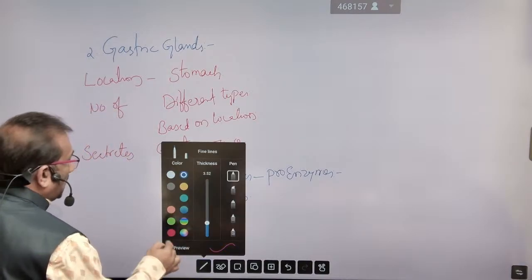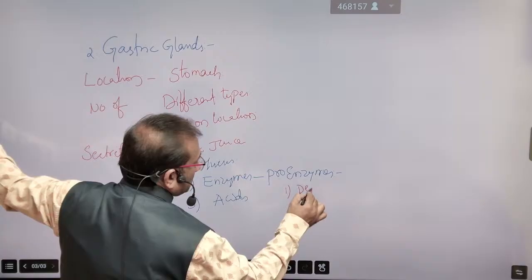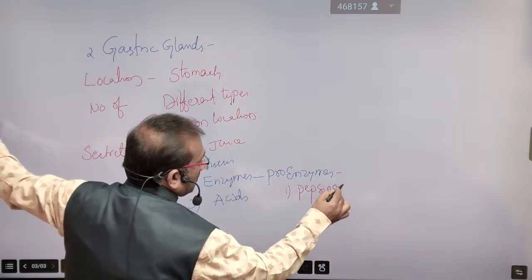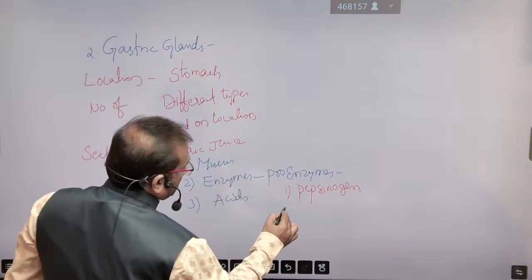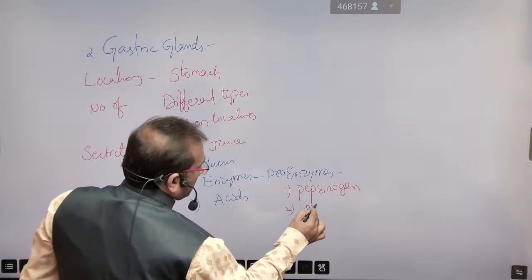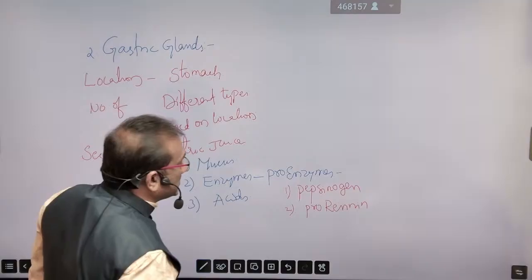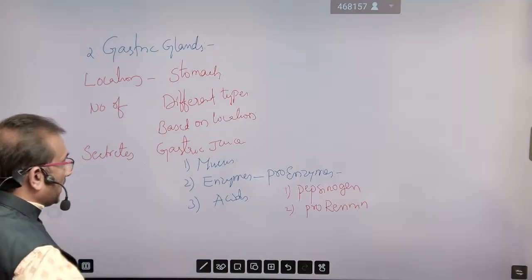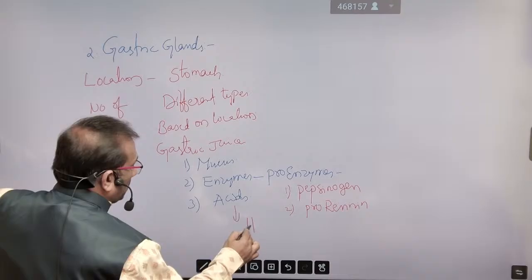Proenzymes are of two types. First one, pepsinogen. Pepsinogen is the first proenzyme, and second one, prorenin. Prorenin is another proenzyme. And coming to acids, you know very well, that is the hydrochloric acid.